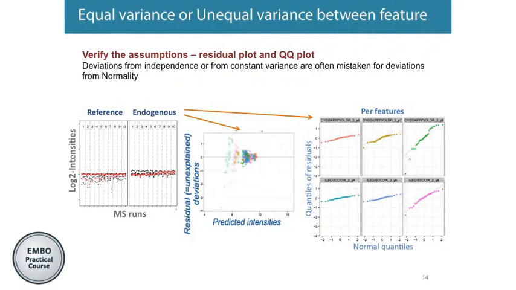Yeah, I just wanted to rephrase this a little bit and comment on that. What the models do is try to explain some of this variation from what we know about the experimental design. For example, we have reference peaks and endogenous peaks. We have a healthy group and a disease group. We have subject 1, subject 2, and so on. And then the residuals are whatever is left unexplained.